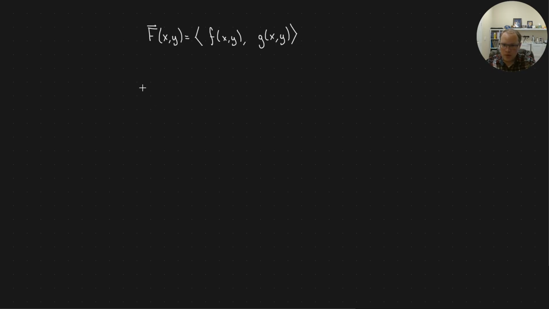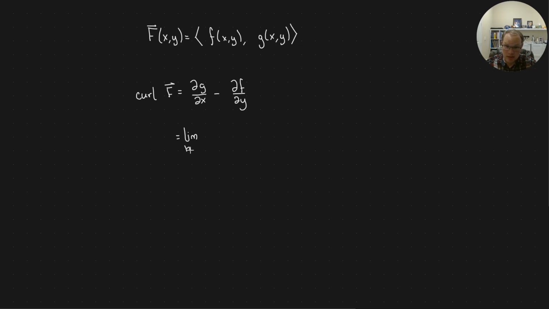So for the curl of f, we'd be getting the scalar curl, right? So we'd be getting the partial derivative of the second component with respect to the first variable minus the partial derivative of the first component with respect to the second variable. Now, I want to break this down into our limit definition.